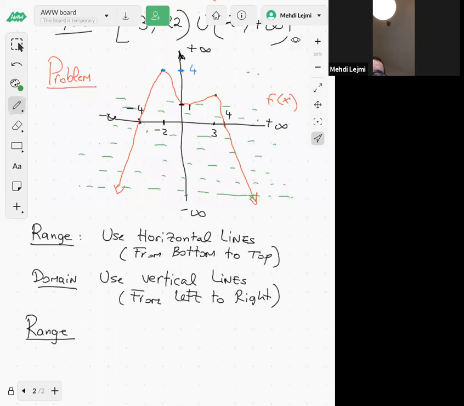The last intersection would be at the height y equals 4. So going from the bottom to the top, that's negative infinity to 4. The answer is negative infinity to 4, and 4 is included because we do have intersection when you are at 4.